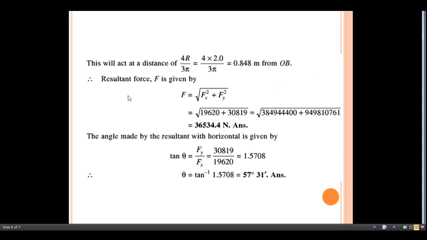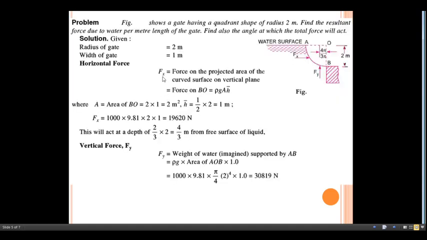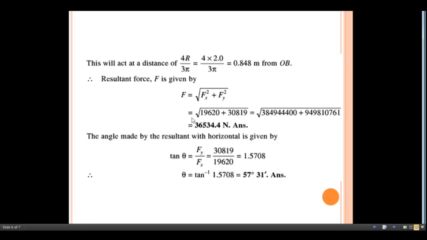Now the resultant force F is given by Fx and Fy, both of which we already know. Substitute the values of Fx and Fy and get the value of the force. This is the resultant or total force considering both the horizontal and vertical forces. We get it as 36,534.4 Newton.